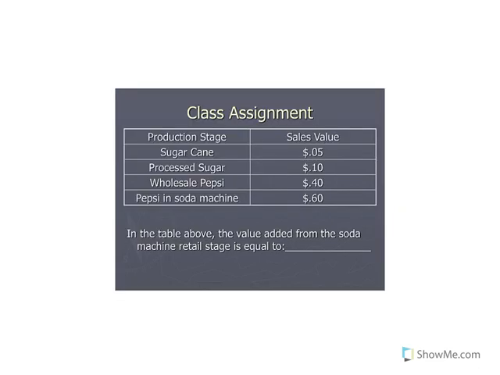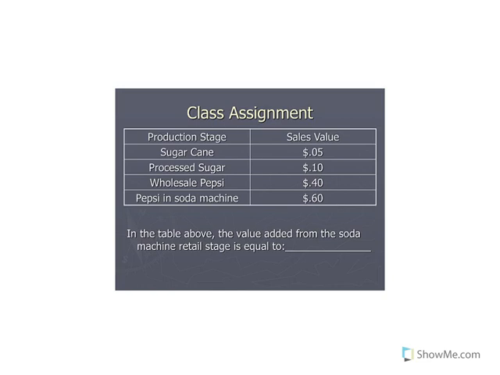Suppose I gave you this table of information right here. So this is going back to one of the previous lectures for chapter 5. So it's giving you the added value for each stage of production. And I ask you, what is the value added from the soda machine retail stage equal to? So again, we can see that wholesale Pepsi was sold for 40 cents, and then it ultimately sold in the Pepsi soda machine for 60 cents.